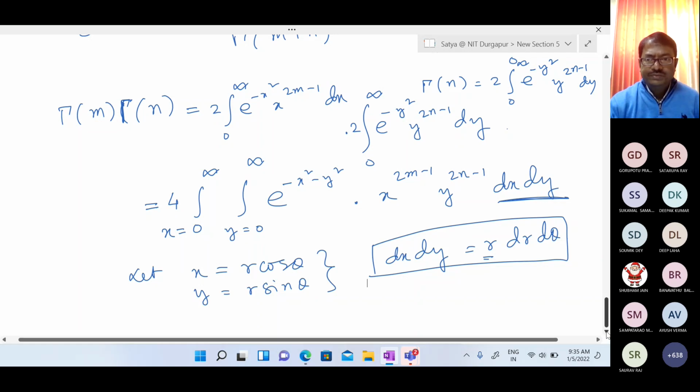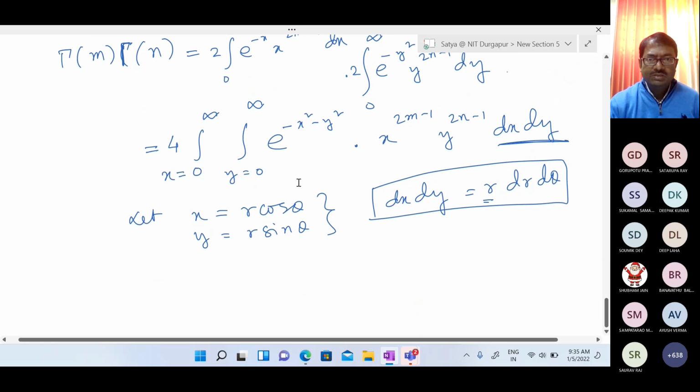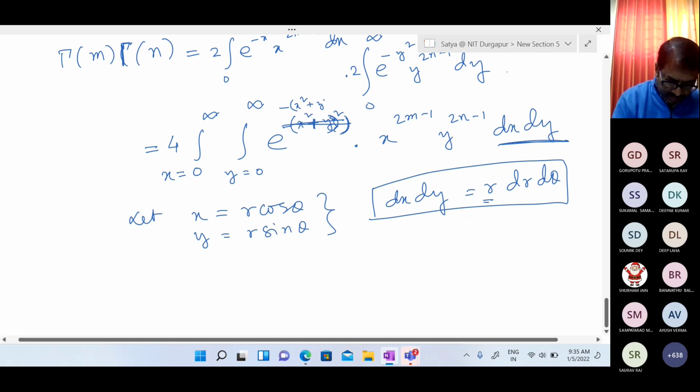So now, since we are taking here, we can write this. If we take common minus 1, finally this is minus x square plus y square. And according to this, x square plus y square equal to r square.